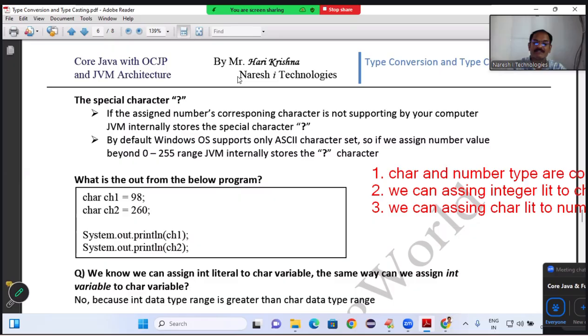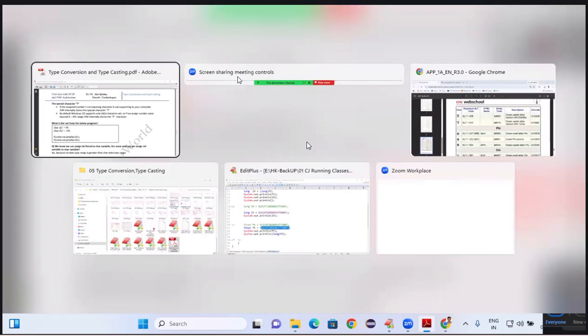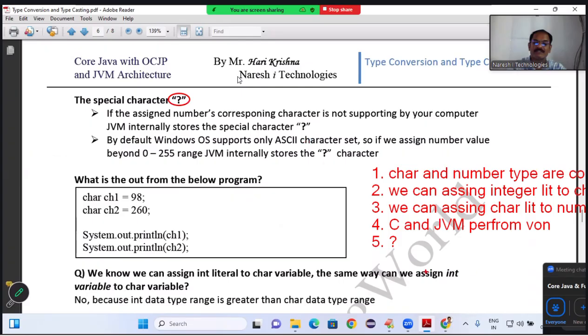Number 4, the compiler and JVM perform the conversion. The important point is the special character question mark: if the assigned integer literal's matching character is not supported by your computer, a question mark is stored internally. Let me show you these points practically.